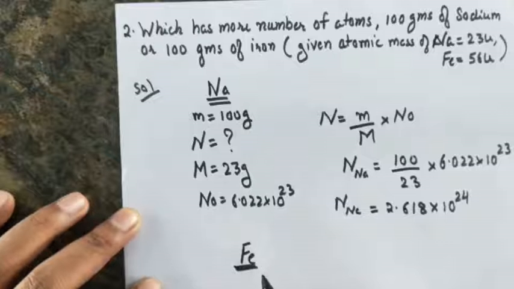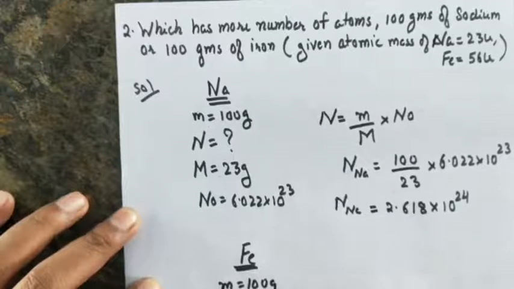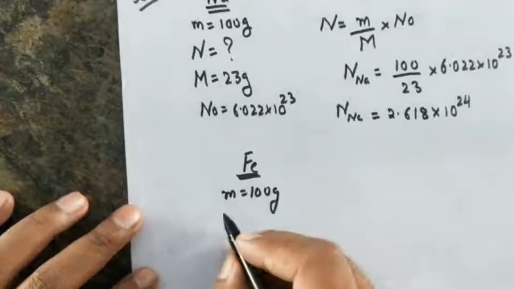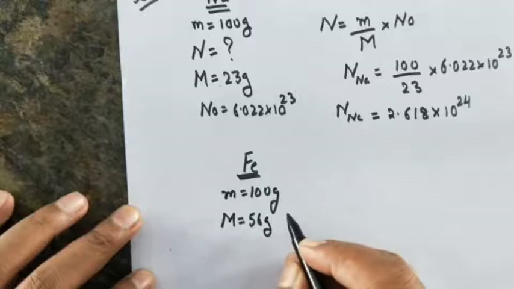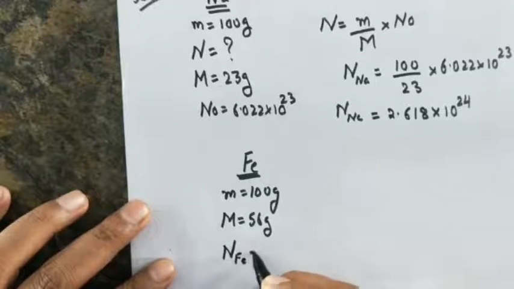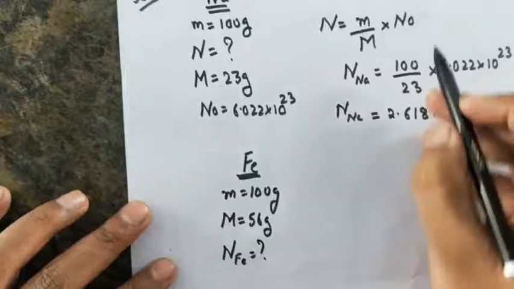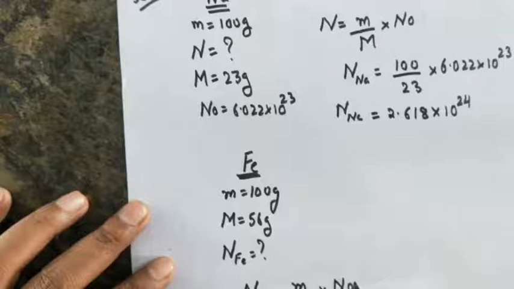Now in this case, mass is 100 gram again. Again, molar mass of iron will be equal to 56 grams because atomic mass was 56 U. And again we have to find the number of iron atoms. So again we will be using the same formula, that is capital N, number of iron atoms, will be equal to mass of iron upon molar mass of iron into N naught.